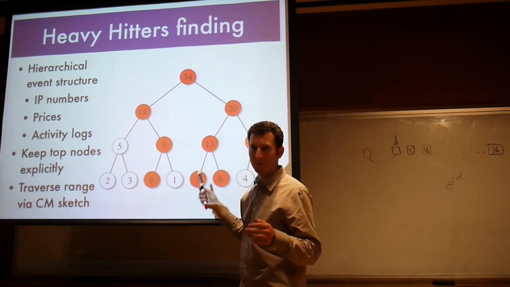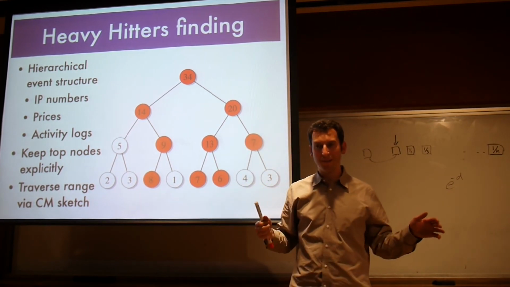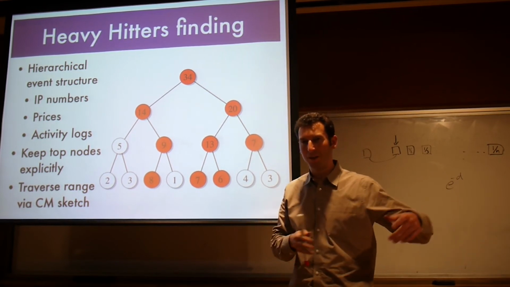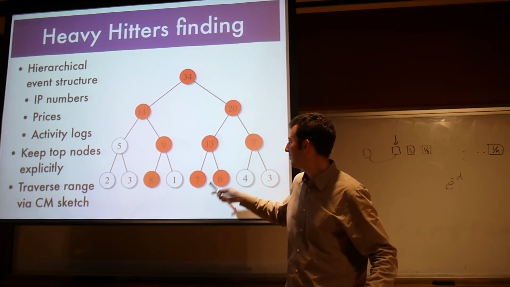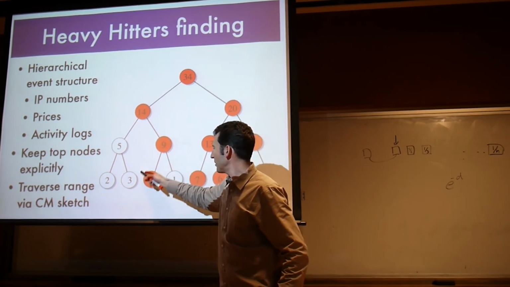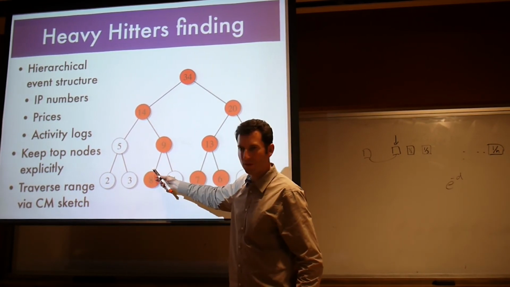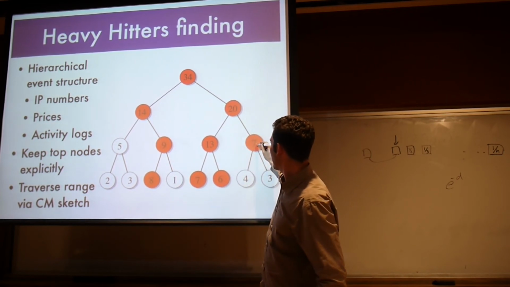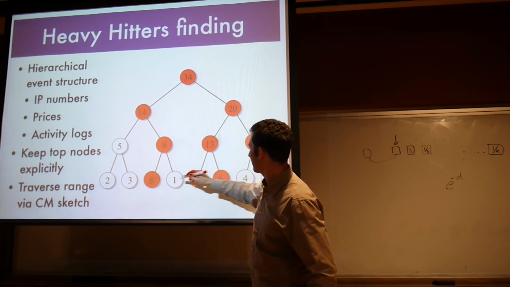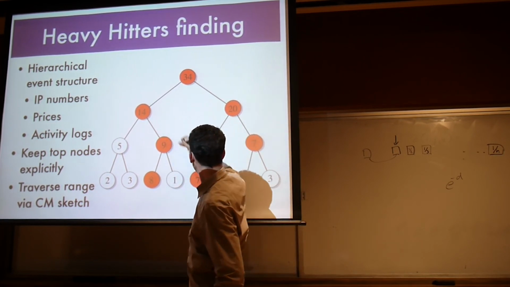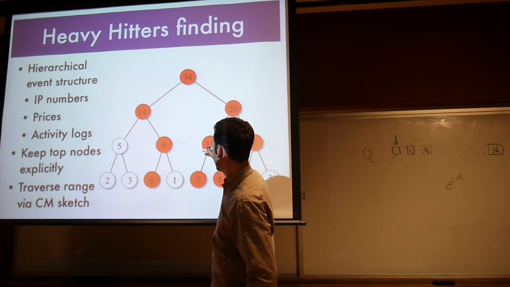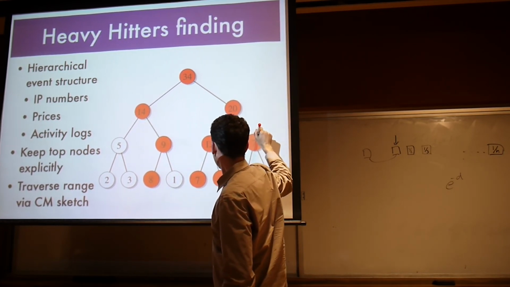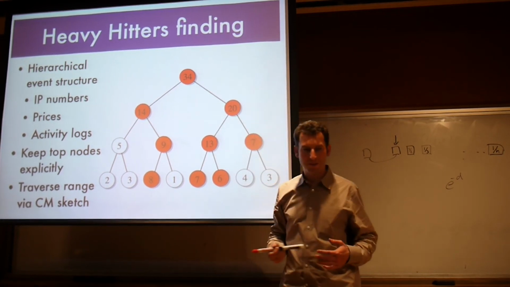So you might keep, maybe the equivalent of a class C subnet, exact, or maybe take 16 bits or whatever you can exactly store up to here. Everything below, you just push into the sketch. Now, if you do that, and let's say we have this range here, affecting all these guys, I only really need to look up the sketches at the boundaries. And that's all I need in order to get high accuracy.